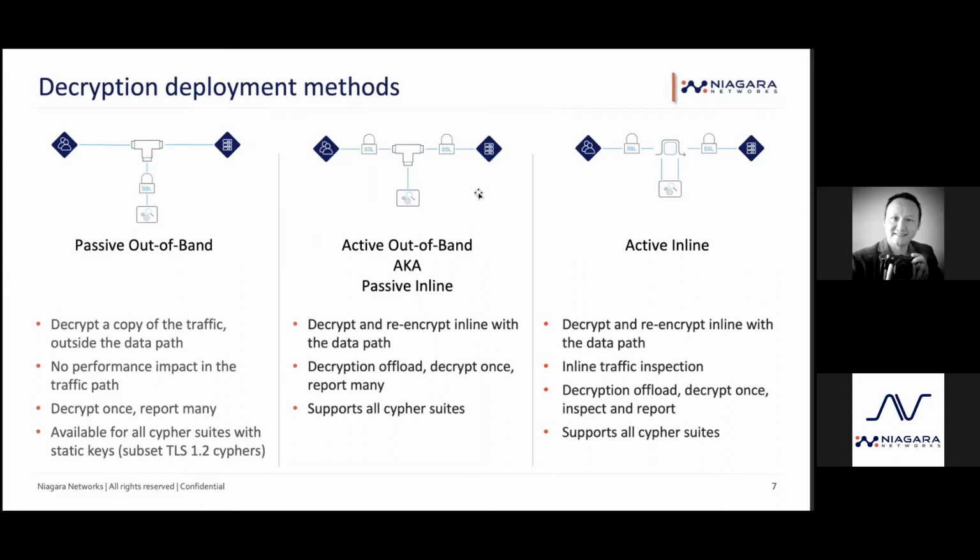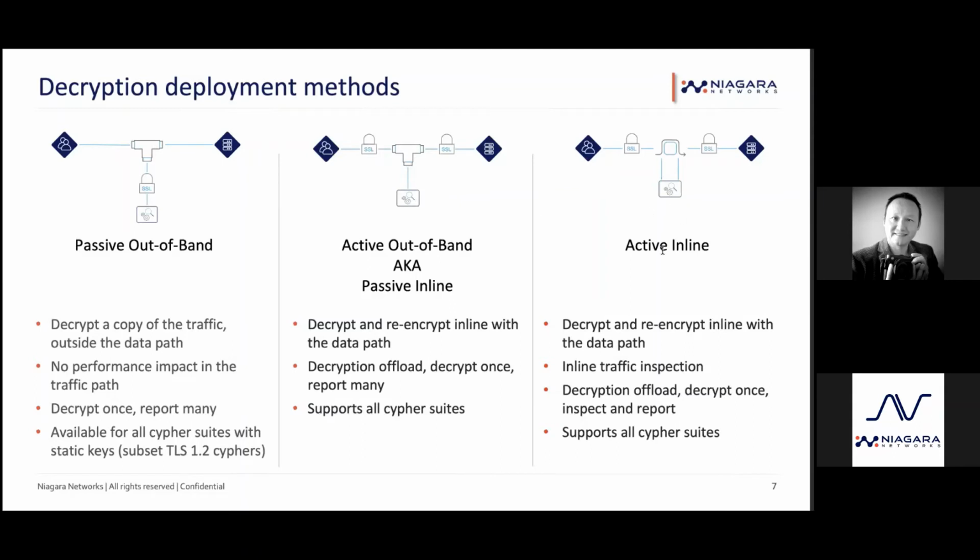It's decrypt once, inspect many. That's usually an offload deployment. With man in the middle, it's very easy. Take the active out-of-band, where we decrypt the traffic and send it to multiple appliances. Here it's one appliance, but we can send it to multiple appliances. That's typically an offload deployment.